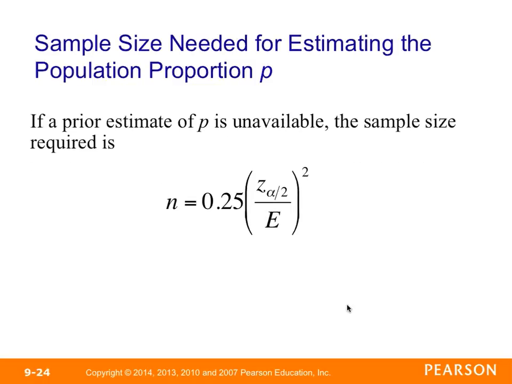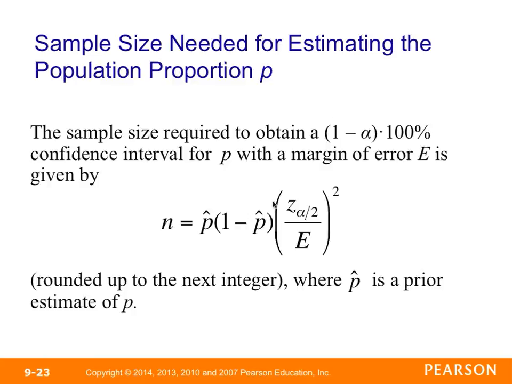Now, if you don't have a p hat that we're already going to use, so if you don't have a prior estimate, let's say you were the first doing research in this field, so there is no pilot study, or you don't feel comfortable using the results from the pilot study, then you can use this conservative formula, which basically maximizes your N. And what it has you do is it has you take 0.25, which is actually just from taking that maximum value of 0.5 and multiplying it by 1 minus 0.5.